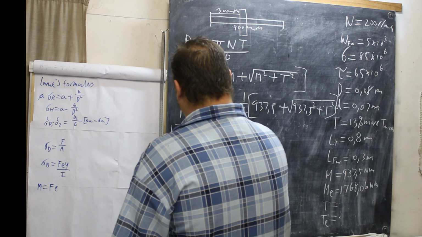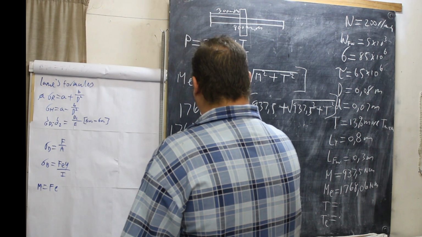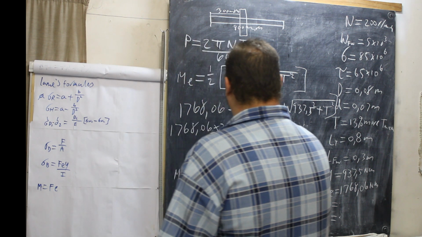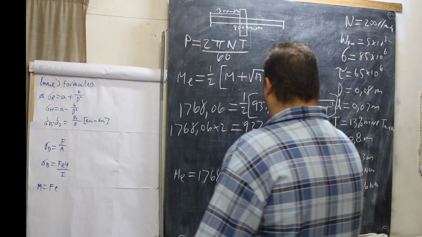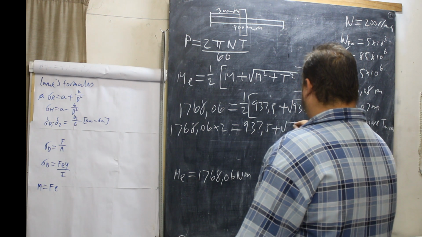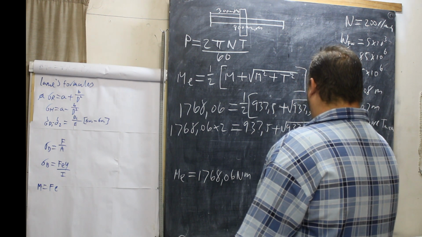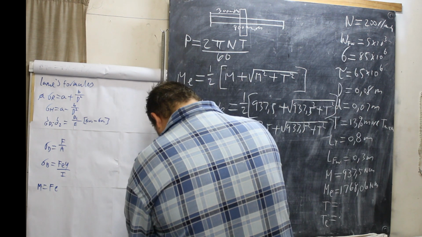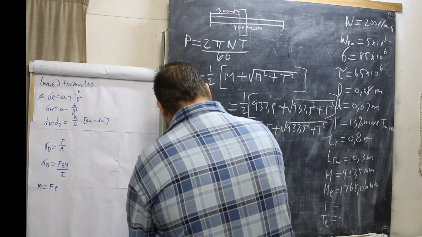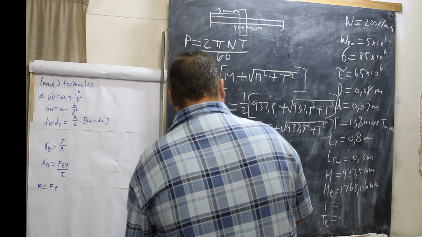So 1768,06 times 2 equals 937,5 plus the root of 937,5 squared plus t squared. This got me to 2598,62.